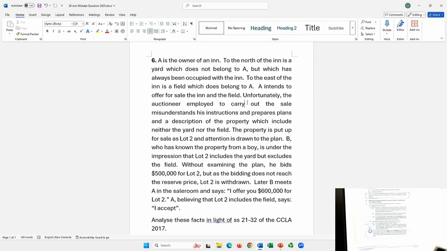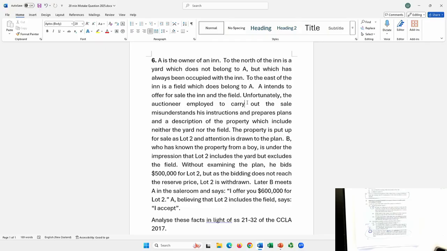We don't know who's trying to get out of this contract, or if anyone's trying to get out of it, maybe they're both happy. We've just been told to analyse these facts. But you would make the point that under C, the party seeking relief can't have been the one whom the contract places the risk of the mistake in question on.